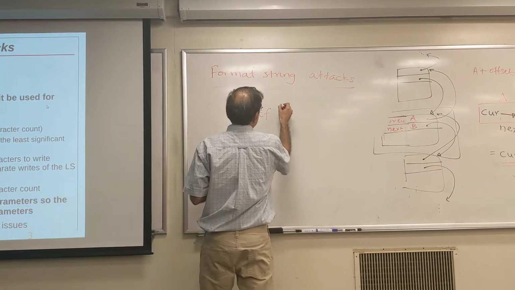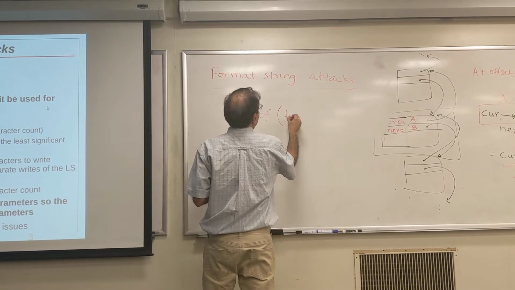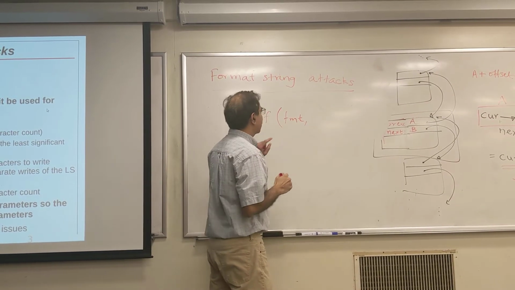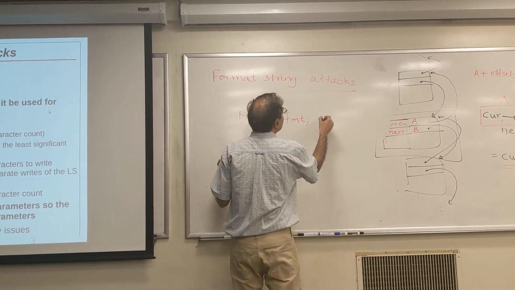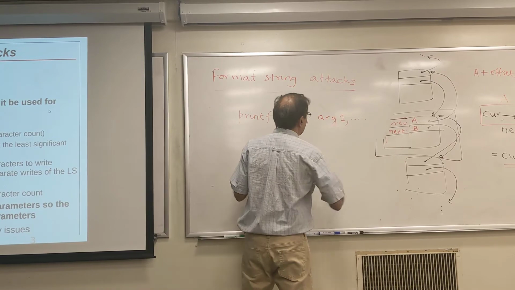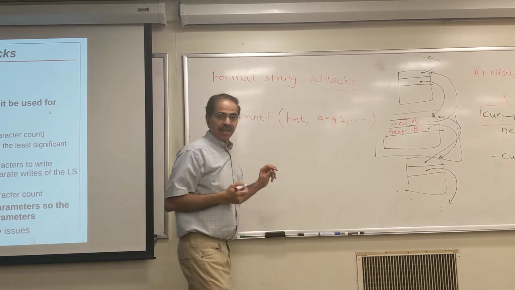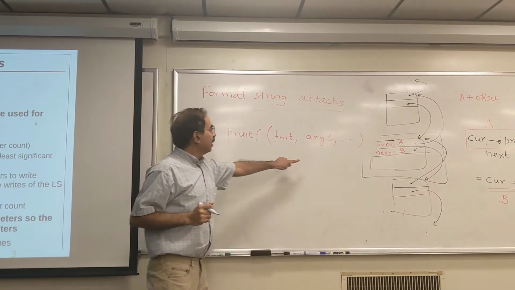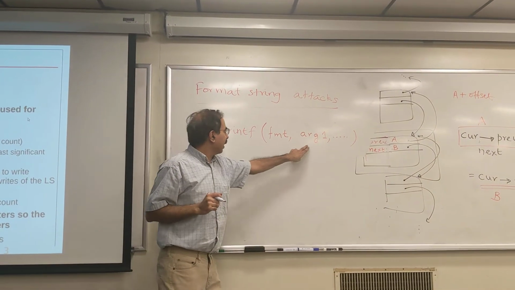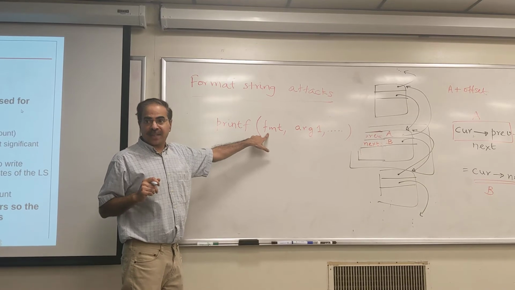And printf takes two arguments, or rather a first argument, and then a variable number of additional arguments, right? And the printf function figures out how many arguments there are by looking at the format string.